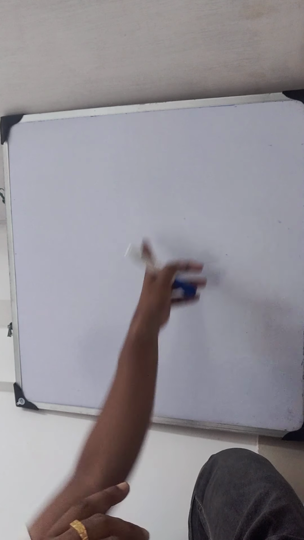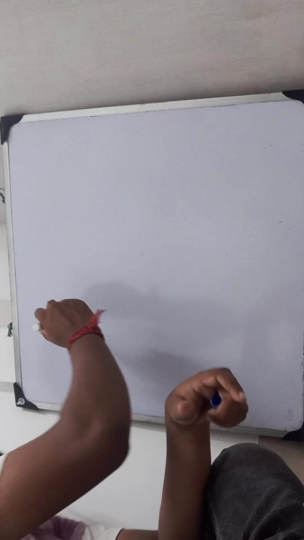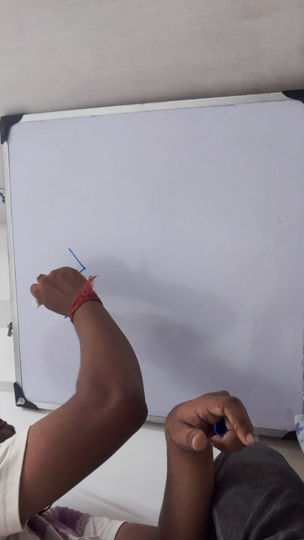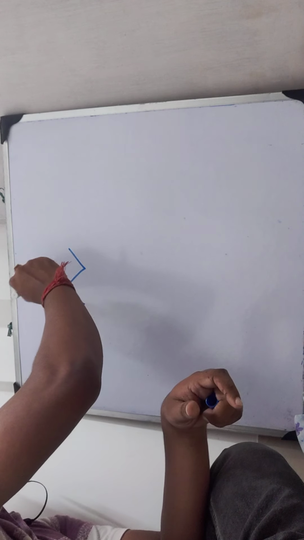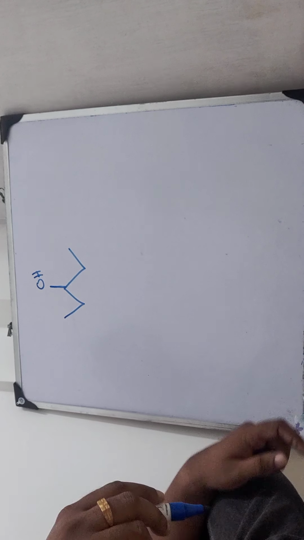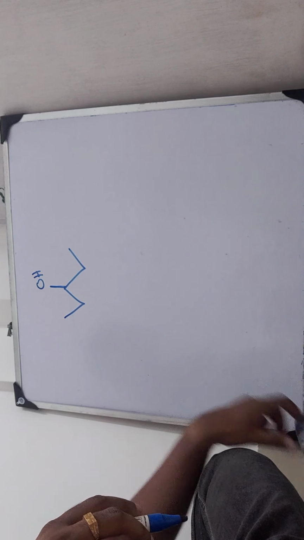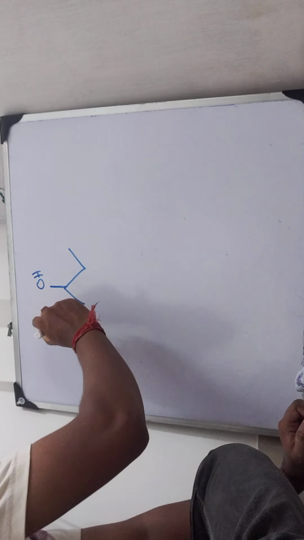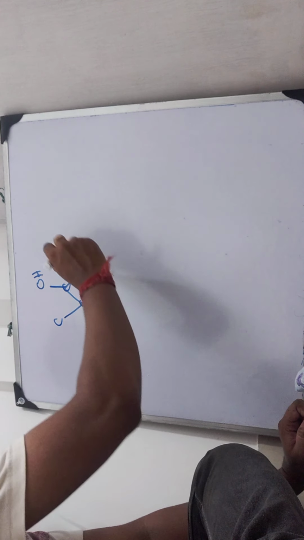Suppose this is an example, CH3. Suppose you are asked what this is. You will say, sir, as you have told us, we will have to place carbon here, here, here, here, and here.